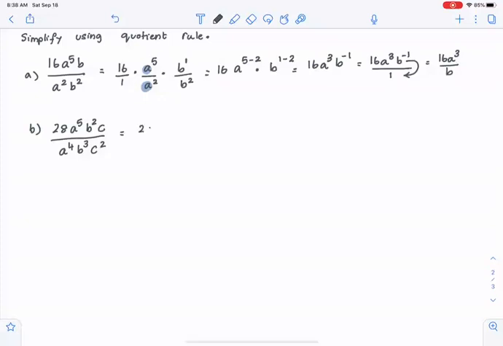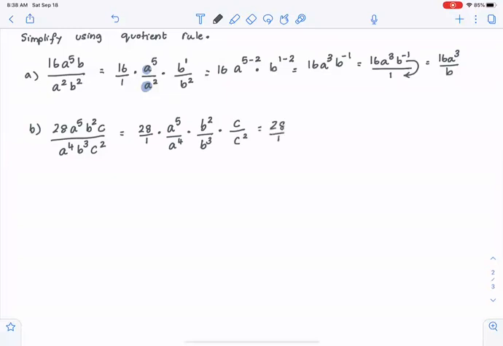So the number, I'm going to write it as 28 over 1. Going to group the a terms, a raised 5 over a raised 4. Group the b terms, b squared over b cubed. Group the c terms, c over c squared.